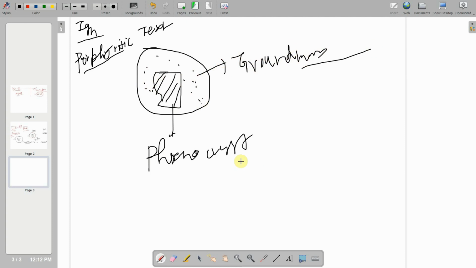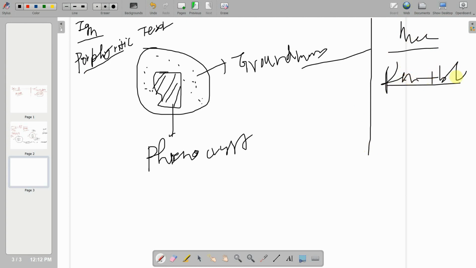Okay, now in case of metamorphic, if you are seeing a similar kind of texture, then I will say it is a porphyroblastic texture. So I'll be adding a blastic term.